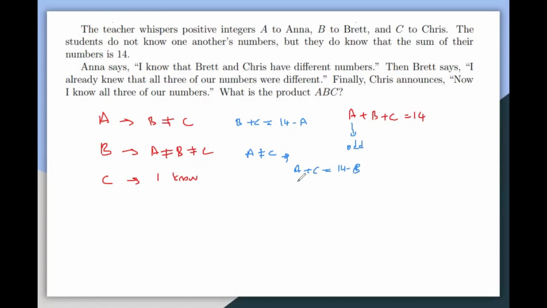If this difference is even, then A and C could be equal, which is why Brett could not say that. But if we have that statement, that A, B, C are different, then B is also an odd number. Which is also cool.